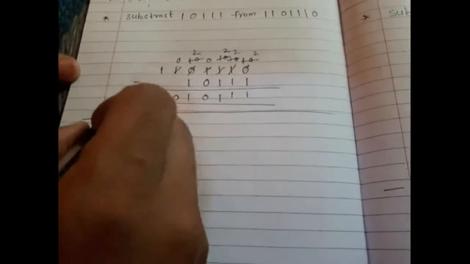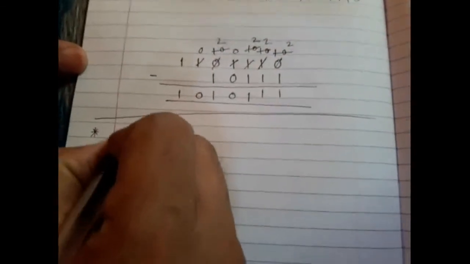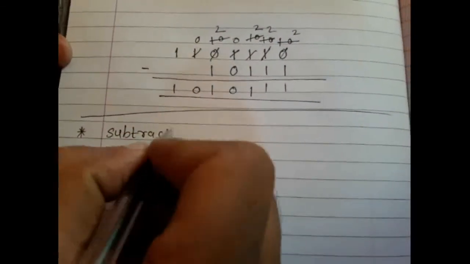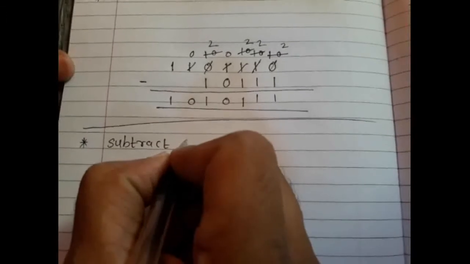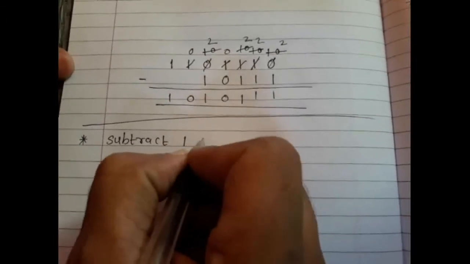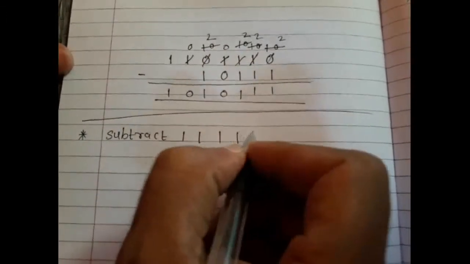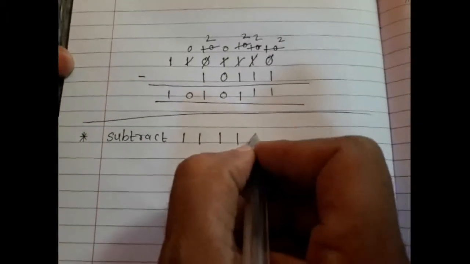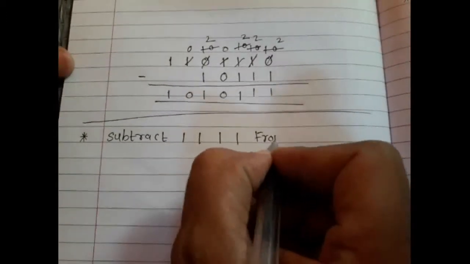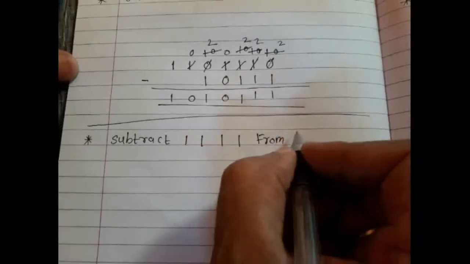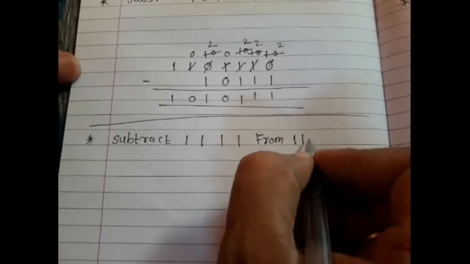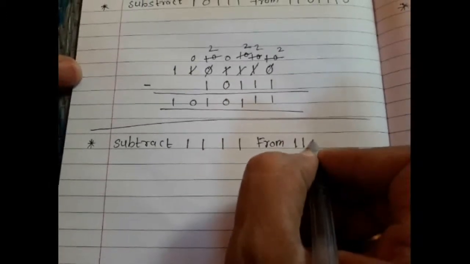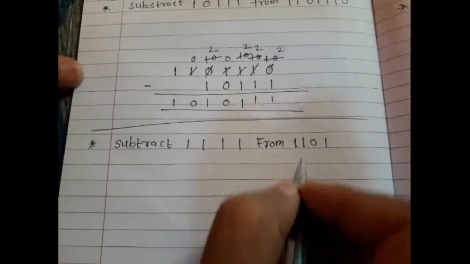Now see another example. Subtract 1 1 1 1 from 1 1 0 1.